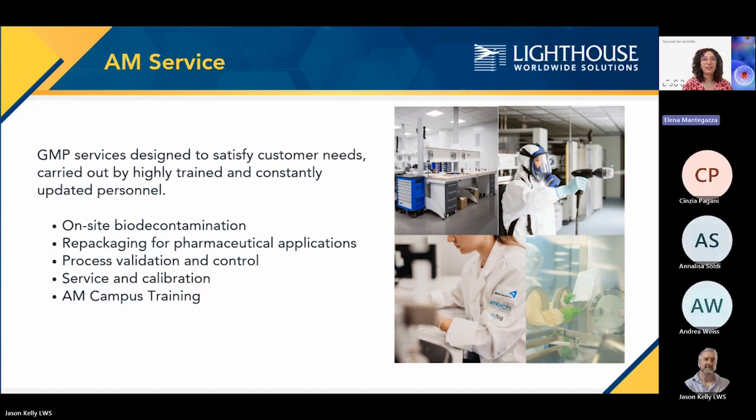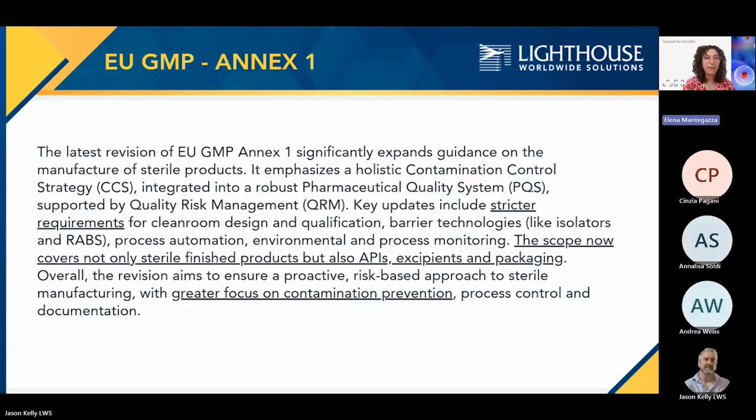Okay. So we have already talked about Annex 1, the new Annex 1. So I want to make an overview of the main topics that are inside the new Annex 1. First of all, the last revision has significantly expanded the guidance on the manufacture of sterile products.